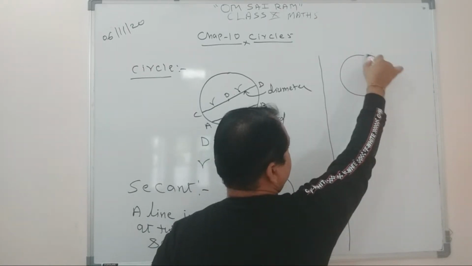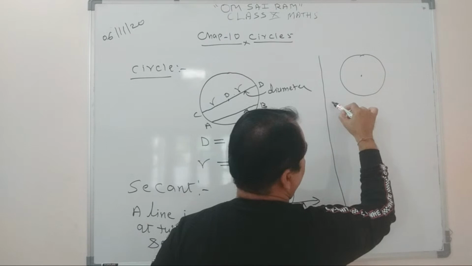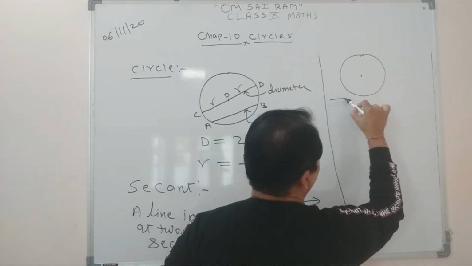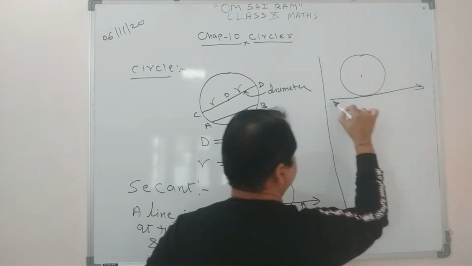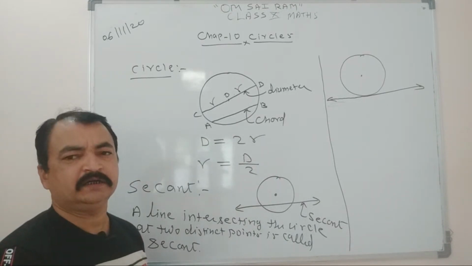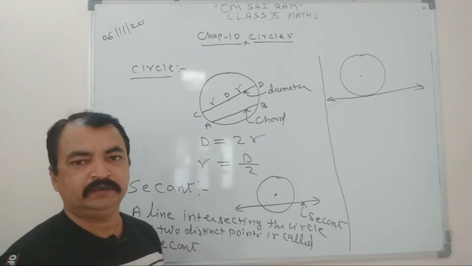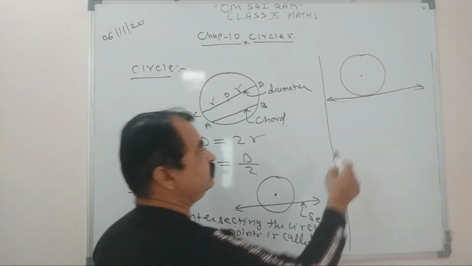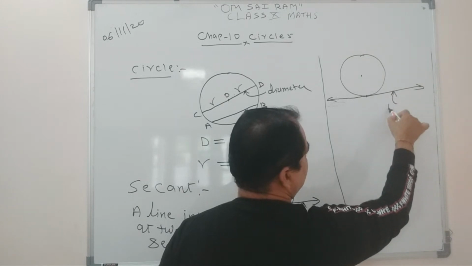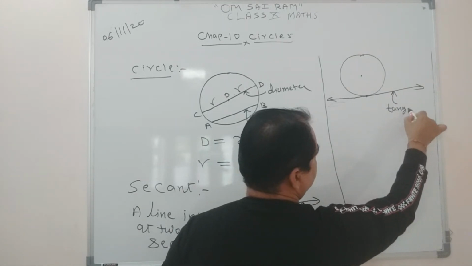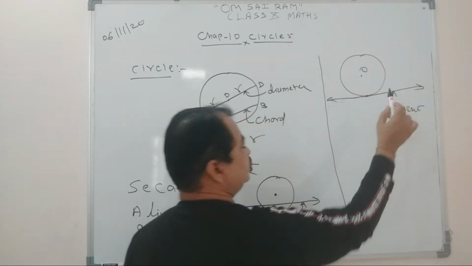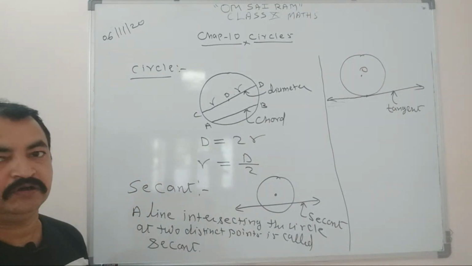So see, this is the circle, this is the center, and if a line intersects the circle at a single point, or you can say a line just touches the circle at a single point, it is called the tangent of the circle, children. So this is the tangent. This is a very important term which you need in this year, children. Of course, this is the center and this is called the tangent of the circle.